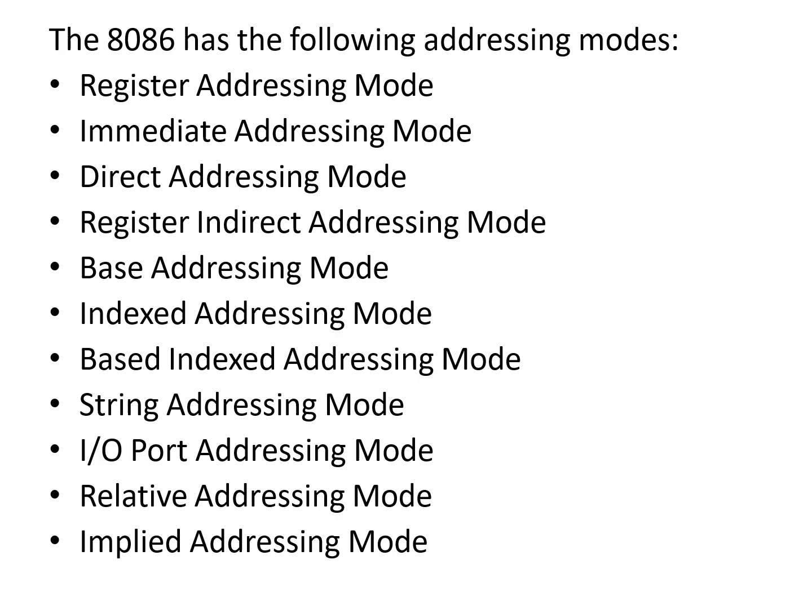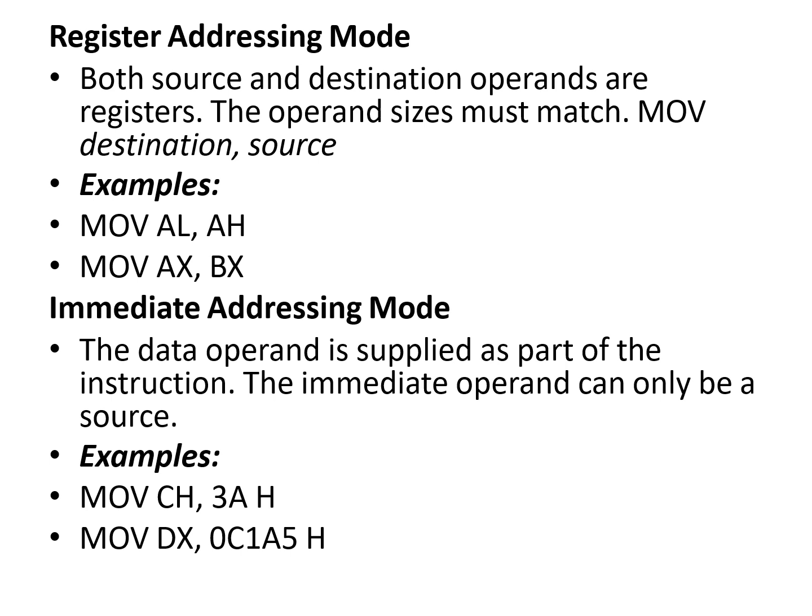Let us see the addressing modes one by one. Register addressing mode: here the source and destination operands are registers. Another important point is that the source and destination operands must be of the same size. Consider the example: MOV AL, AH.